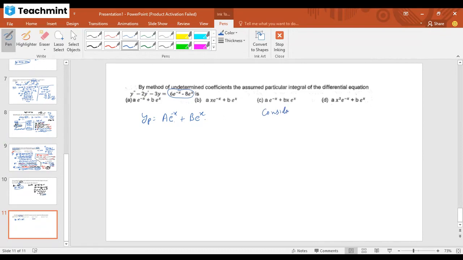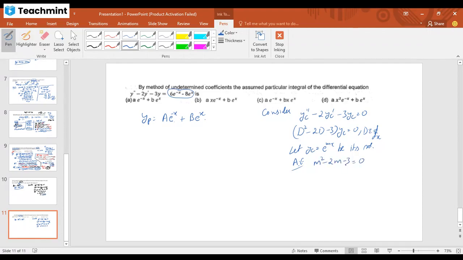Consider yc double dash minus 2 times yc dash minus 3 times yc equal to 0. So its operator form is D square minus 2D minus 3 times yc equal to 0, where D stands for d by dx. So we are assuming let yc equal to e raised to the power mx be its solution. So its auxiliary equation will be m square minus 2m minus 3 equal to 0.